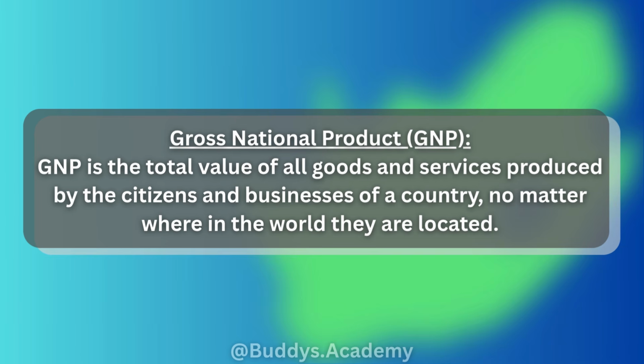Their income is going to be included into our GNP because at the end of the day, they are South Africans. Now, your GNP is going to exclude any income that is going to be earned by foreigners within South Africa. So let's take an example, right? If a South African mining company is going to earn money in Zambia, right? That income is going to be part of South Africa's GNP, but not its GDP because it's outside of South Africa. I hope that doesn't sound too confusing.